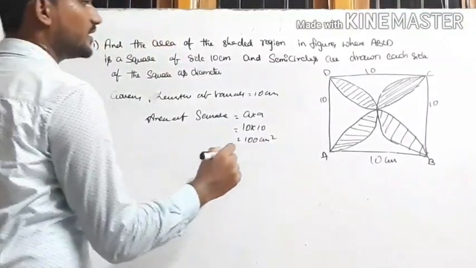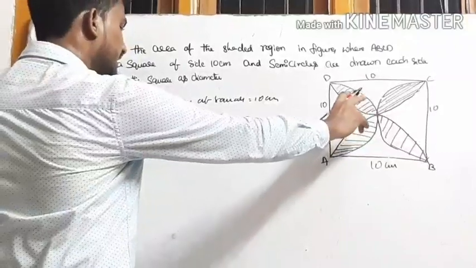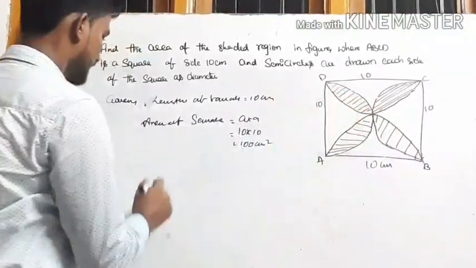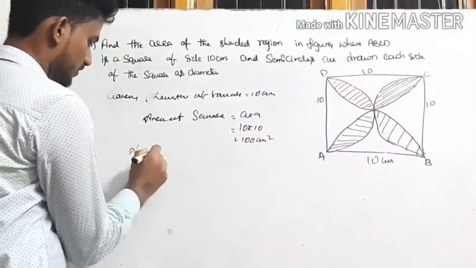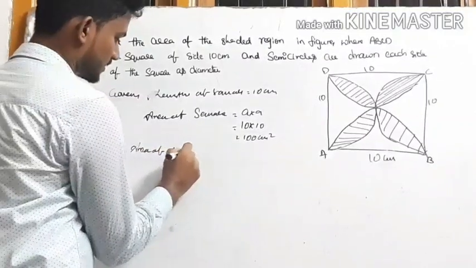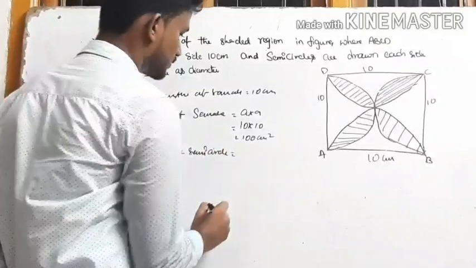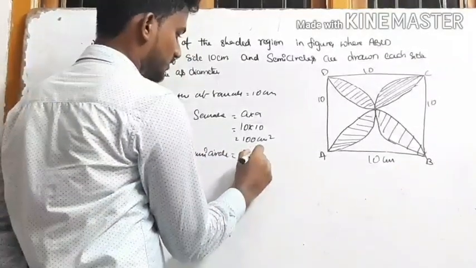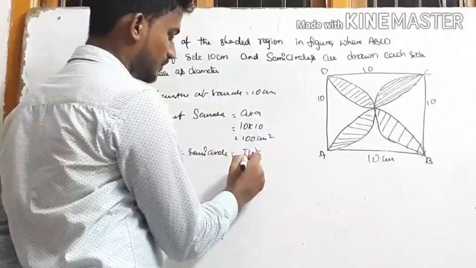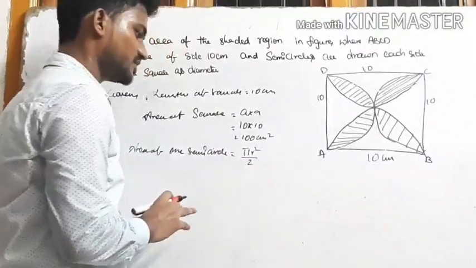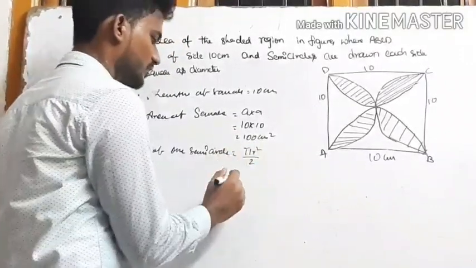First we want to find the area of one semicircle. Area of one semicircle is equal to pi r square by 2, since pi r square is the area of the circle. This is the formula, pi r square by 2.